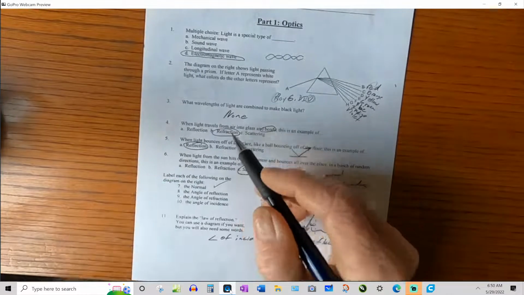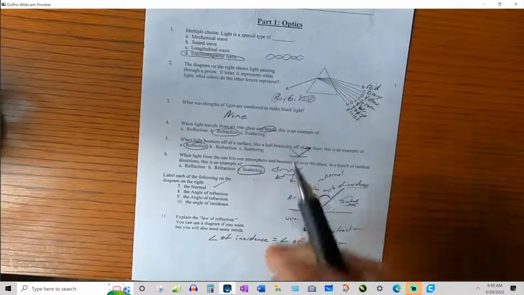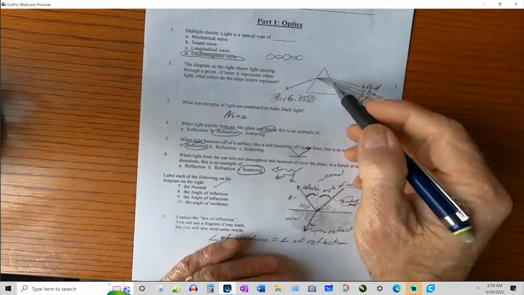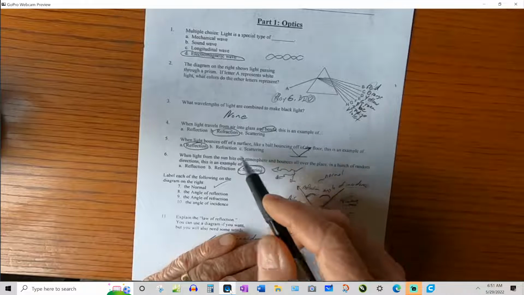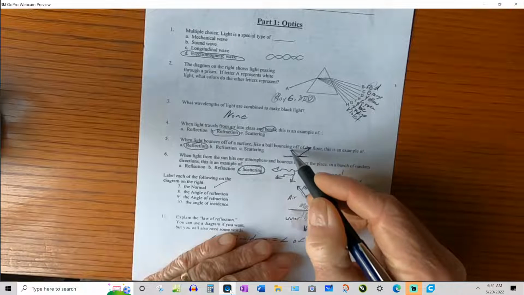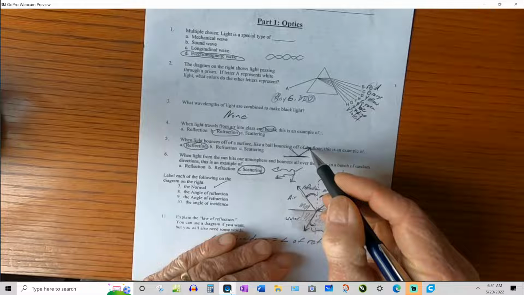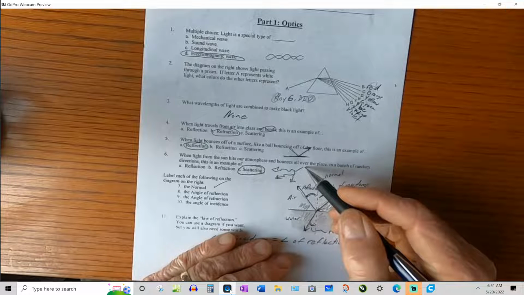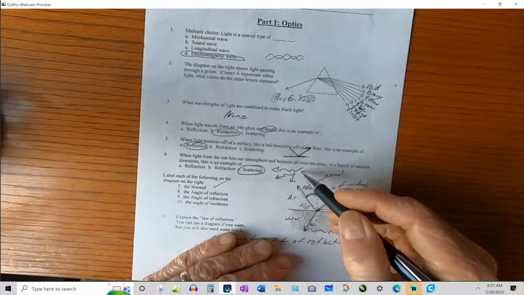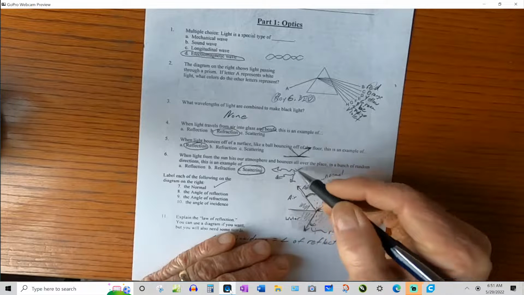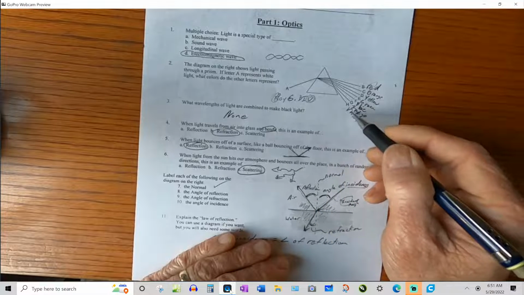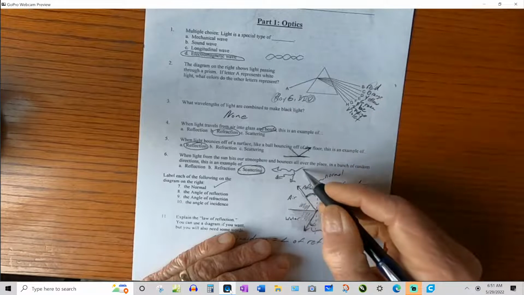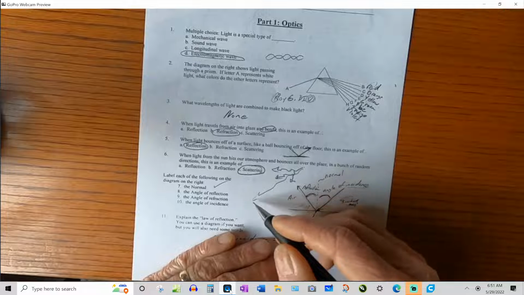When light travels from air into glass and bends, this is an example of refraction. So this is refraction, and reflection is when you bounce something off of a surface like that. And scattering is what happens to light when it comes into the atmosphere, and certain wavelengths especially, like blue and indigo and violet, bounce all over the sky, and longer wavelengths like red just go right down to us.